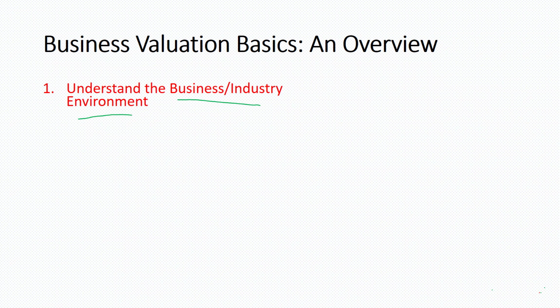As you know, not all companies or industries are homogeneous, right? And you should pay close attention to the cycle of the business and the industry. And you should know how competitive the industry is and whether the company is being able to maintain competitive advantage or not.